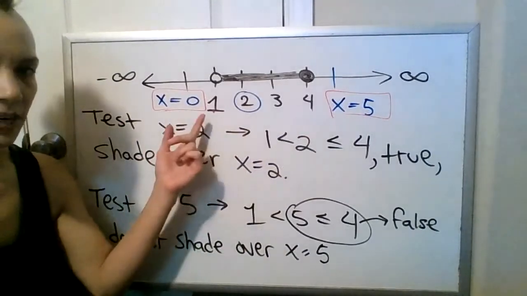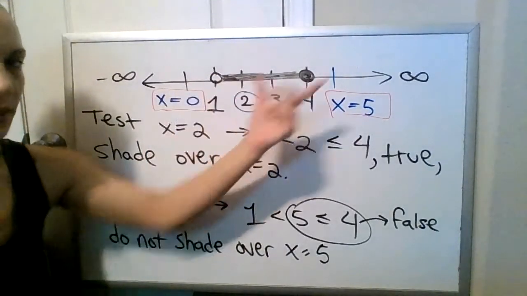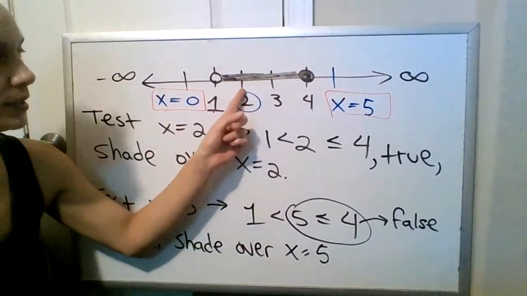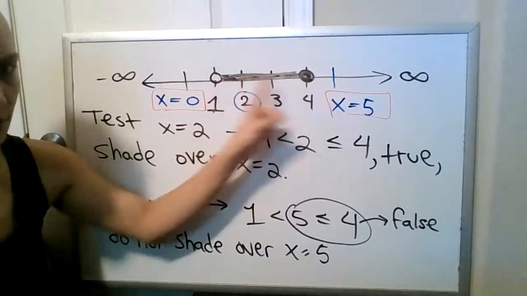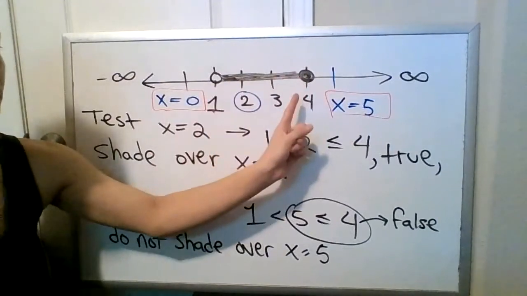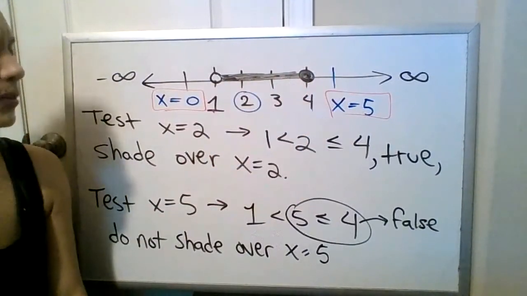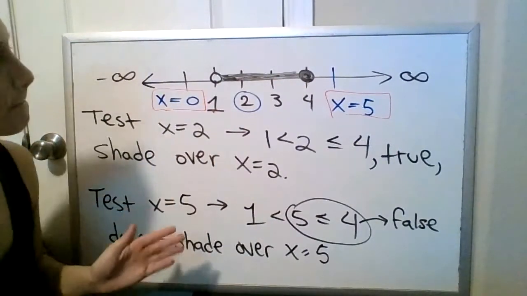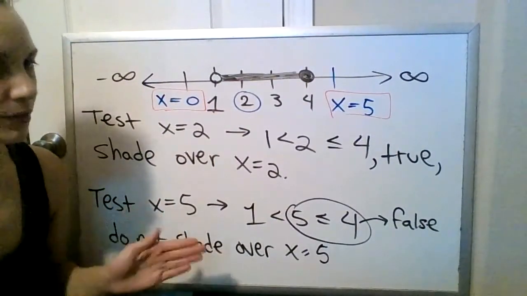Cool. So that's my graph. We checked this part and that part and that part. We've shaded the area where we had a solution, and that's like a solution section between 1 and 4. So now we want to write that solution section, that set, in interval notation.